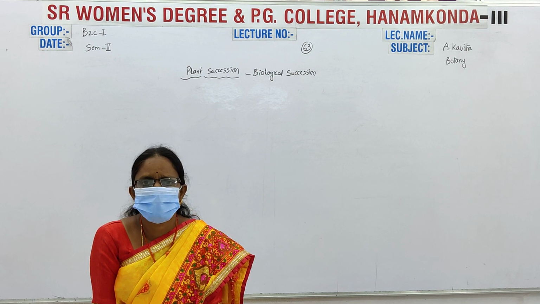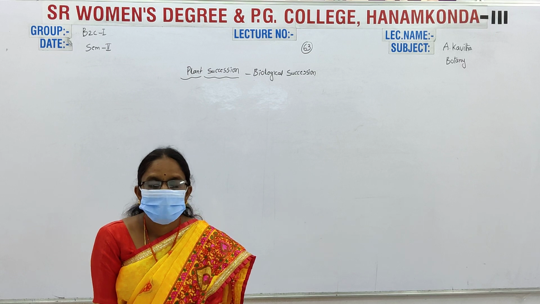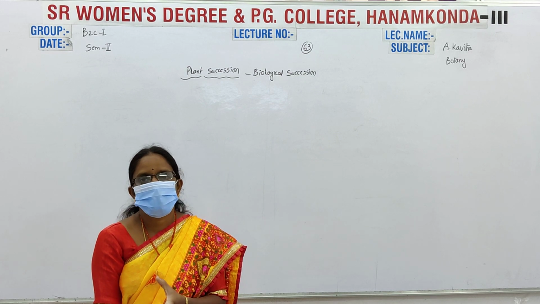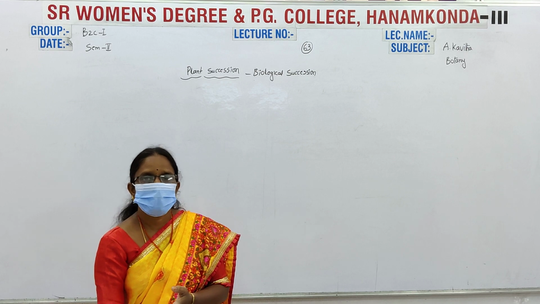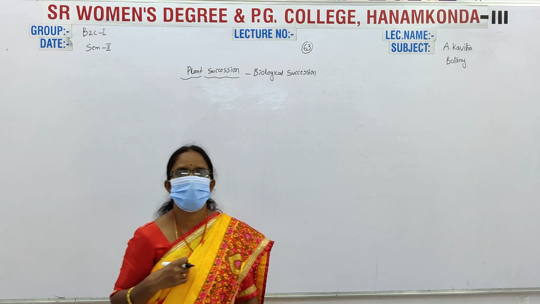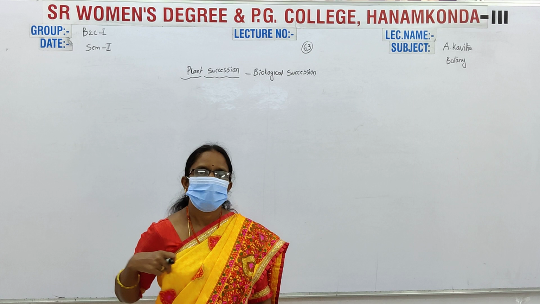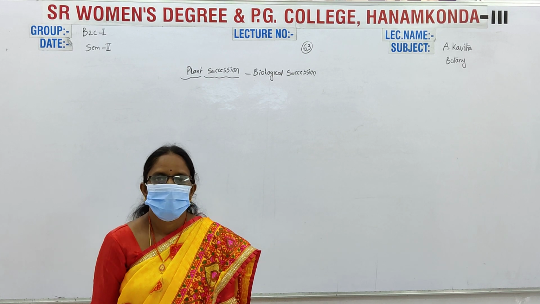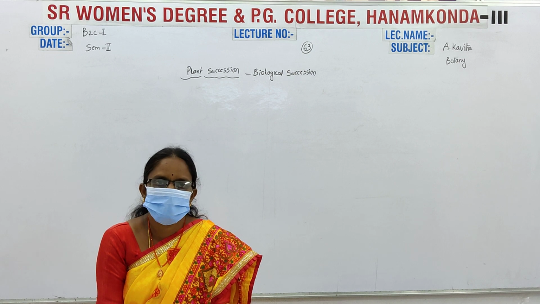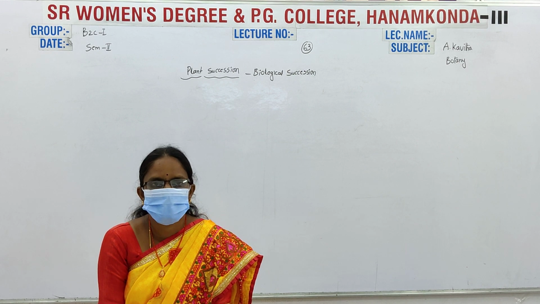In secondary succession, the existing plants or animals are sometimes destroyed by some factors, and new plants are established in that particular place. These are the two types of succession, primary and secondary.